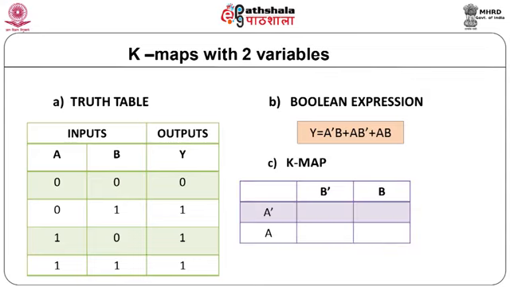Let us draw the K map for 2 variables. We will be writing a bar and a to form the rows and b bar and b to form the columns. Let us map the product terms into the K map one by one.